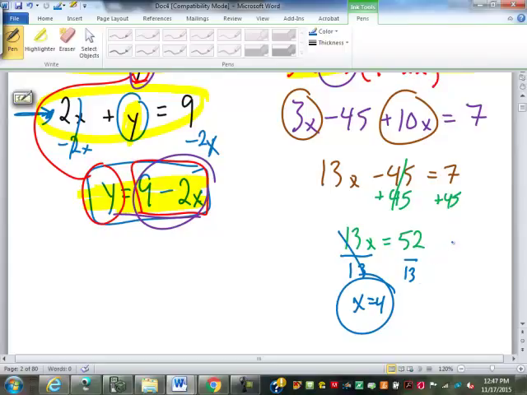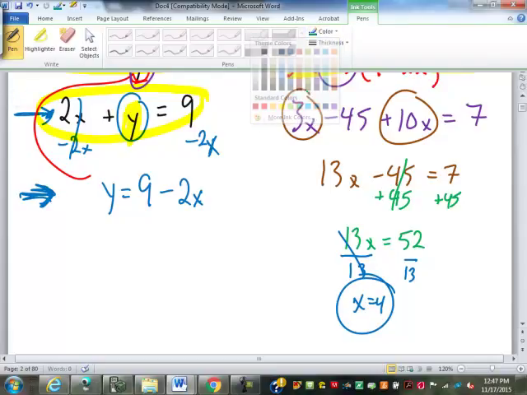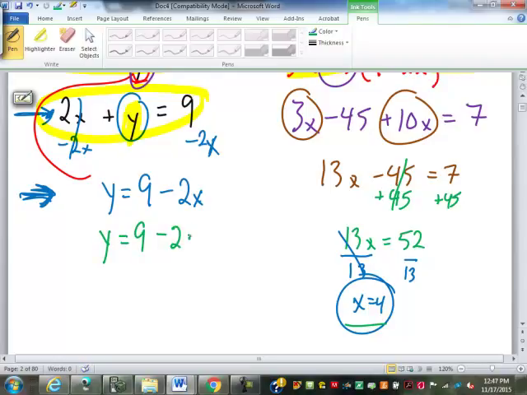Are we done? No. What do we still need to know? Now we've got to figure out what y is, and to do that, we're going to put 4 in for x in one of the equations. Fortunately for us, we just solved one of the equations for y, so it's really easy to find y from x. So we're going to take x equals 4, and come back to this first equation that we solved and put 4 in where the x is.